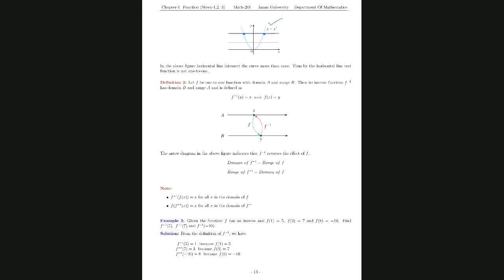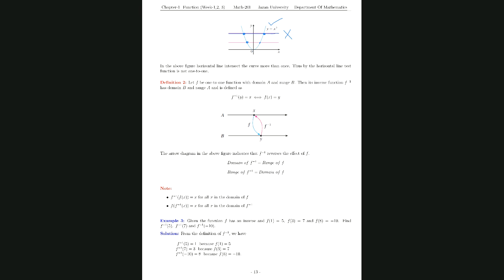This also cuts at 2 points. If one horizontal line cuts the graph at 2 points, it is not a one-to-one function. So this is not a one-to-one function. This is a function, but not one-to-one. But this x power 3 is a one-to-one function, right? So this way you will check, if the graph is given, whether the function is one-to-one or not.